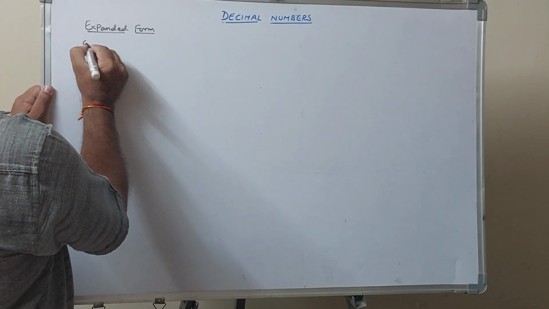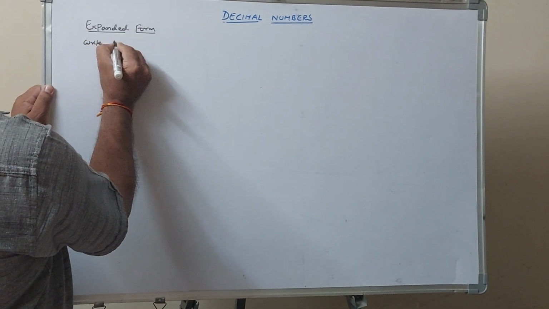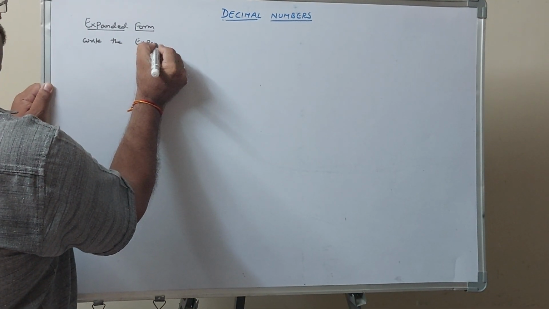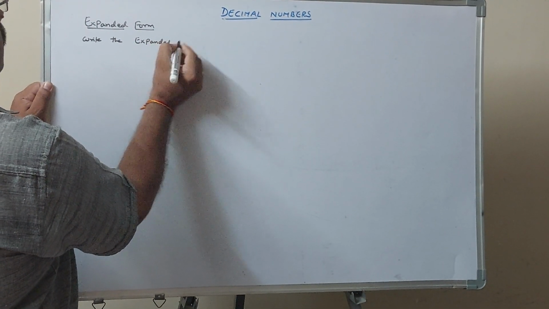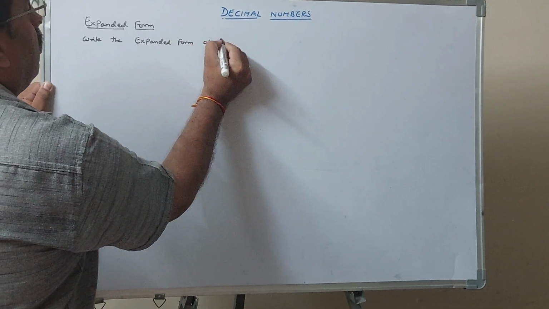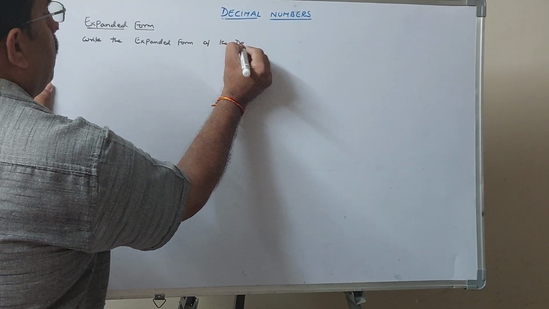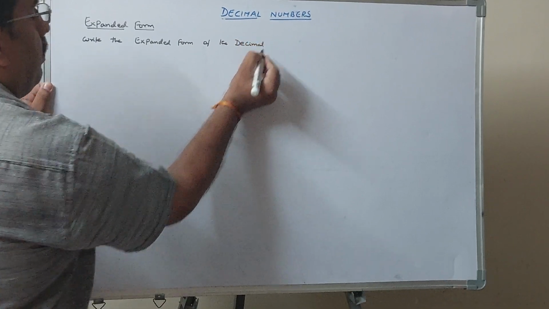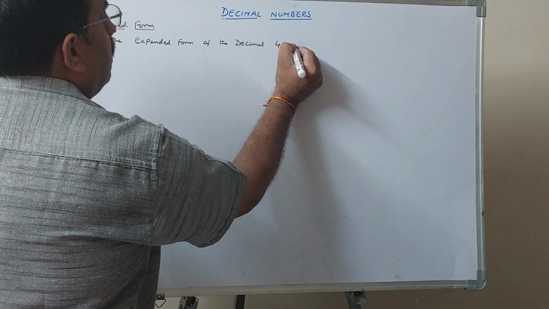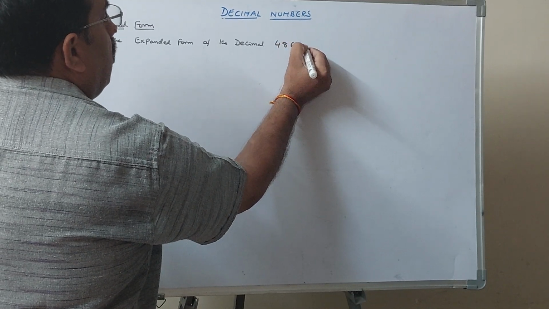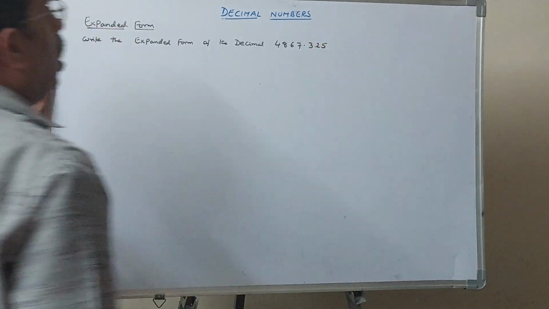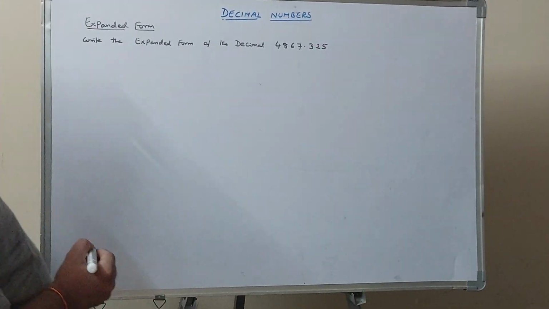How will the question be? Write the expanded form of the decimal 4867.325. How to write the expanded form for this one?